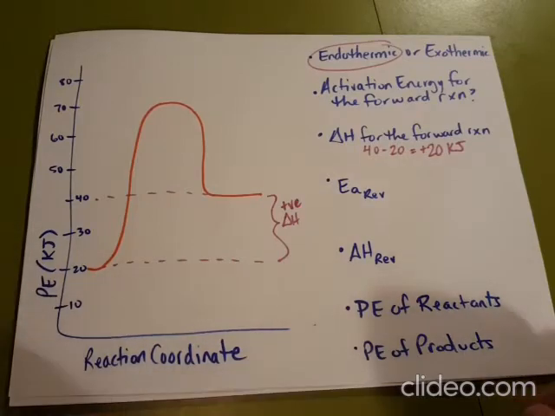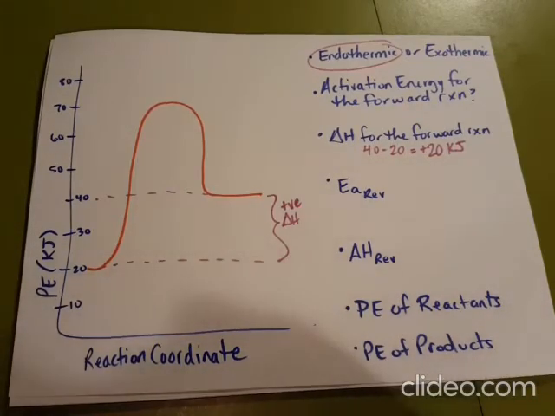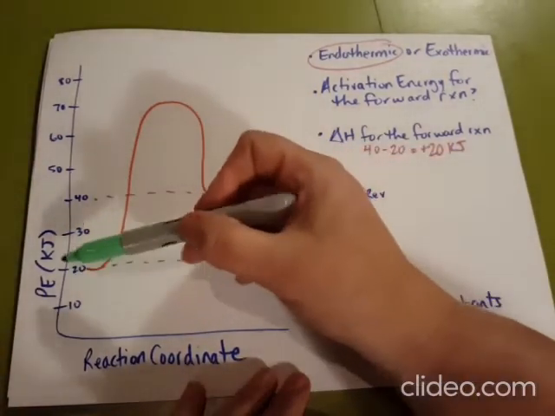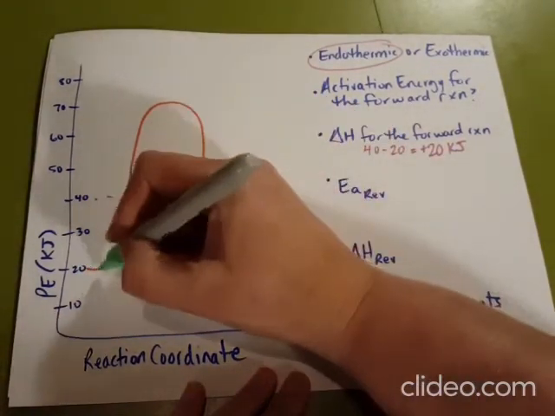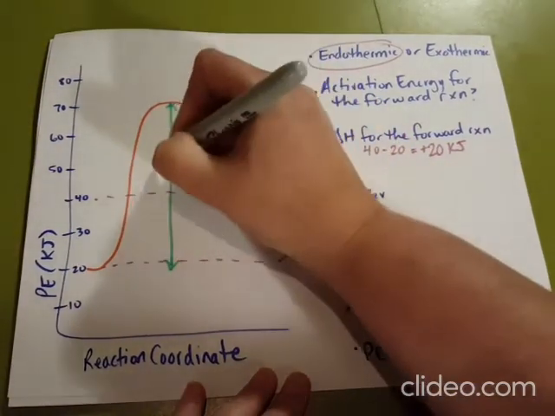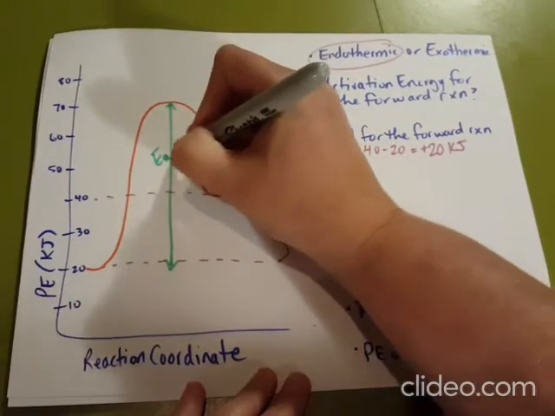For the activation energy required for the forward reaction, don't get caught up with these dotted lines. Go back to your reactants, and this forms your activation energy of the forward reaction.